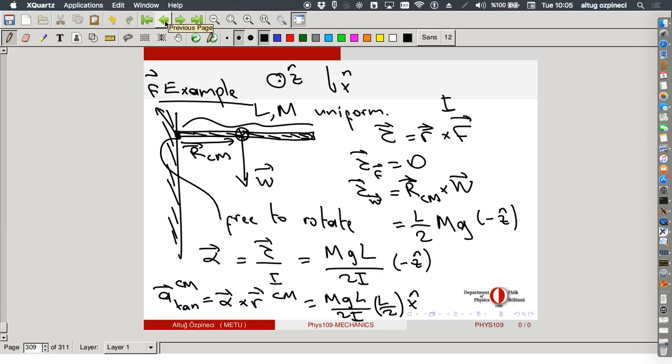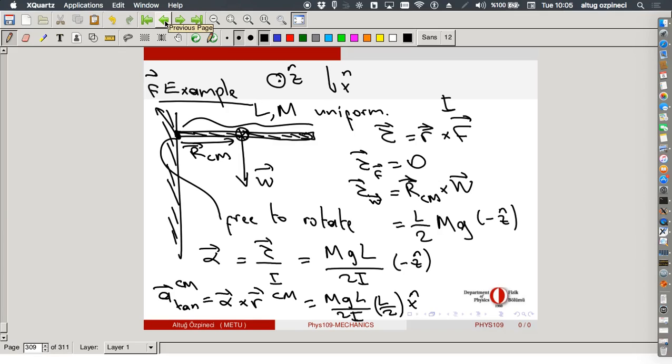But if we know the angular acceleration of any rigid object, we can calculate the tangential acceleration for any point on my object, including my center of mass. So if I calculate the tangential acceleration of the center of mass using the angular acceleration, this is what I obtain.